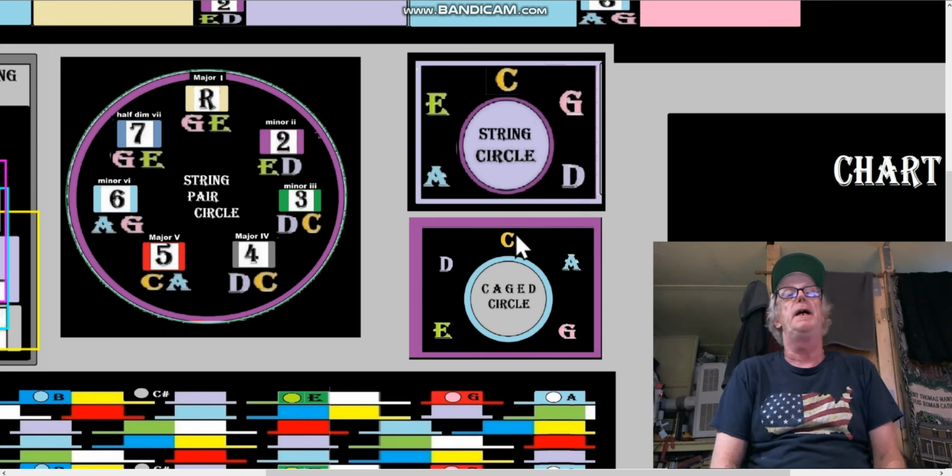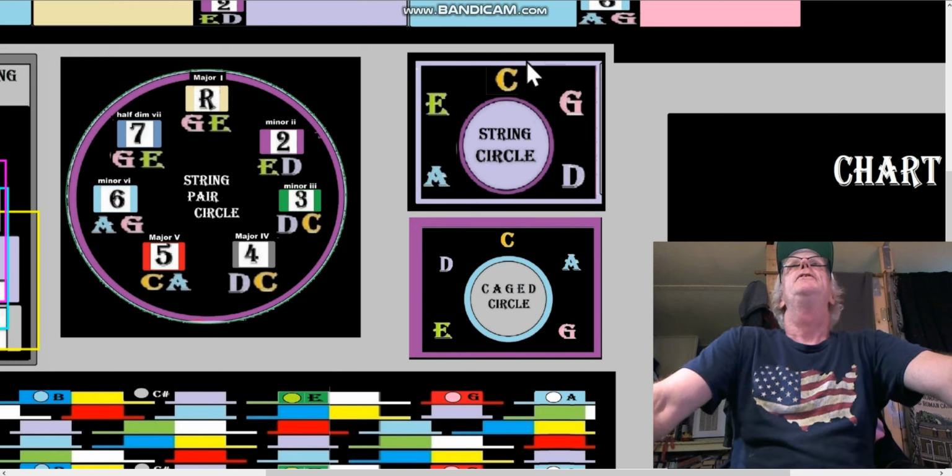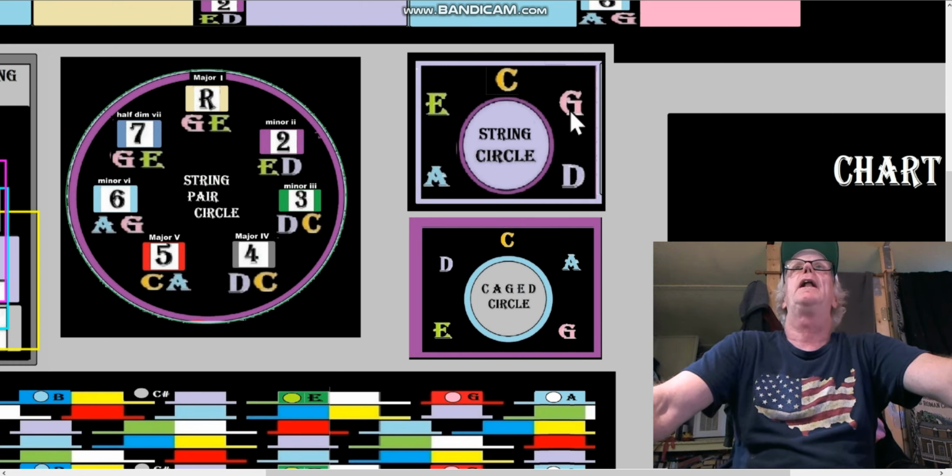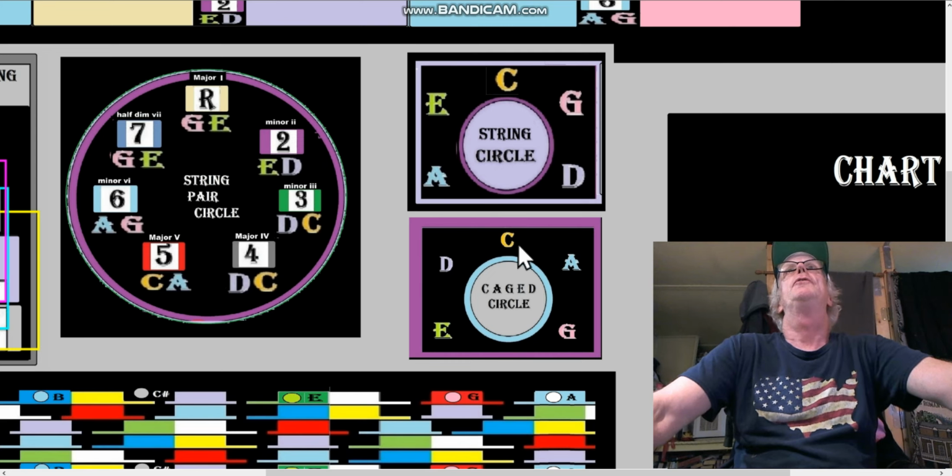Well, guess what? As it turns out, the string circle, if you go clockwise, is in fifths, but guess what? This is every other CAGED letter. So if we take every other CAGED letter, we get the string circle.